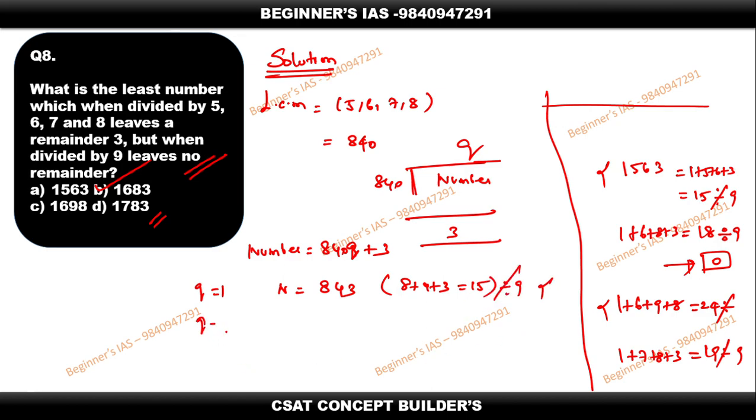Now q is equal to 2. That number is 840 into 2 plus 3, that is 1680 plus 3, so 1683. When you divide that number by 9, using the divisibility by 9 concept you learned, 1 plus 6 plus 8 plus 3 gives 18. Yes, remainder is 0, which means it leaves no remainder.